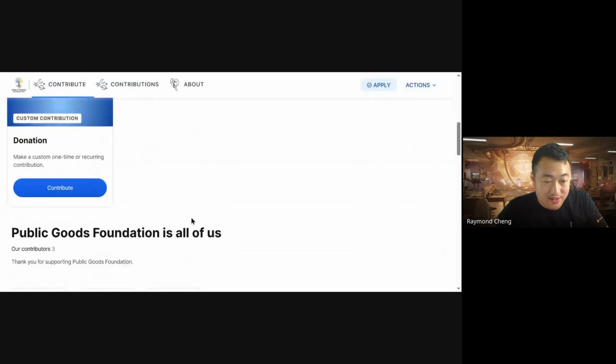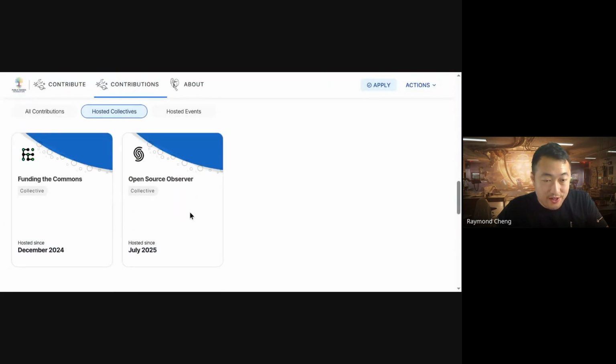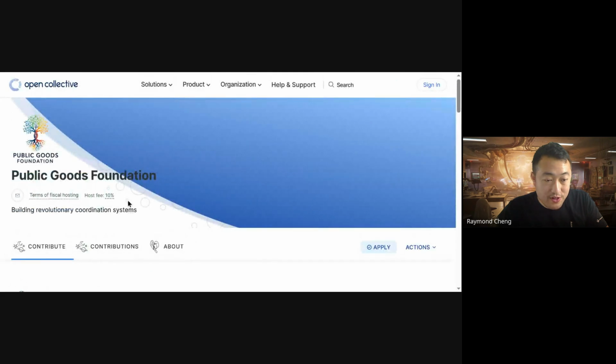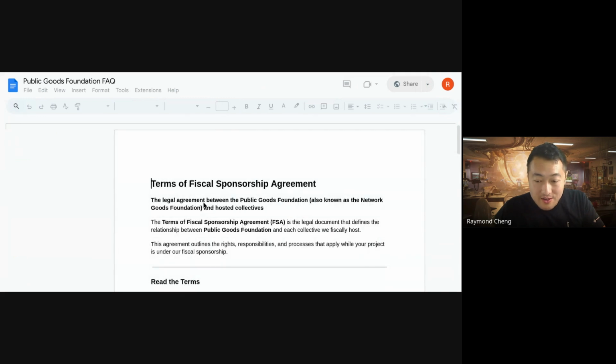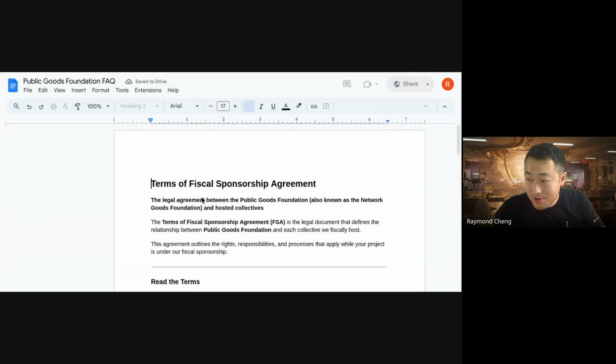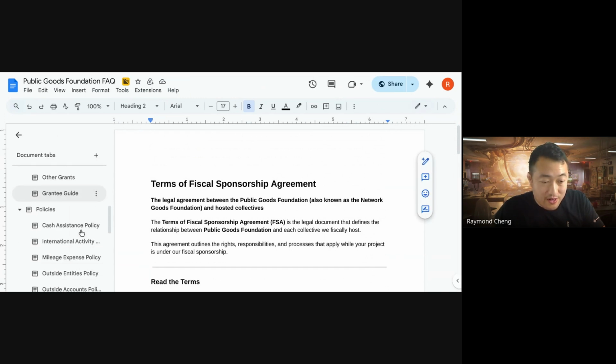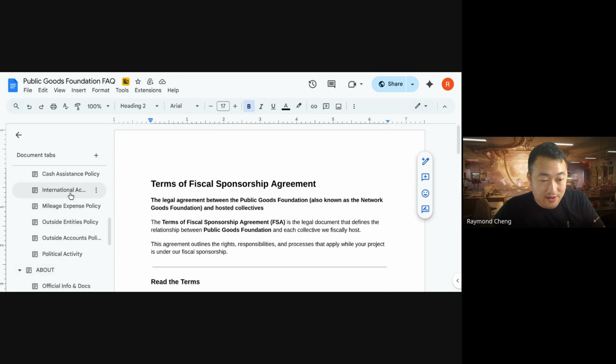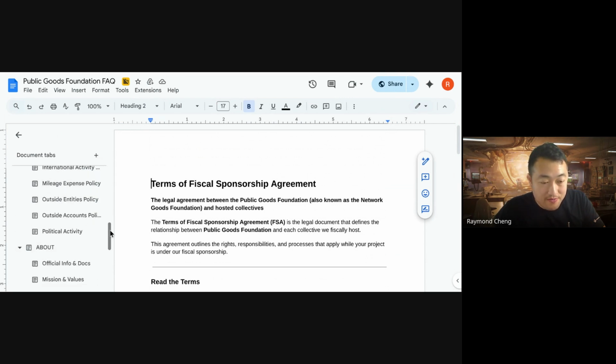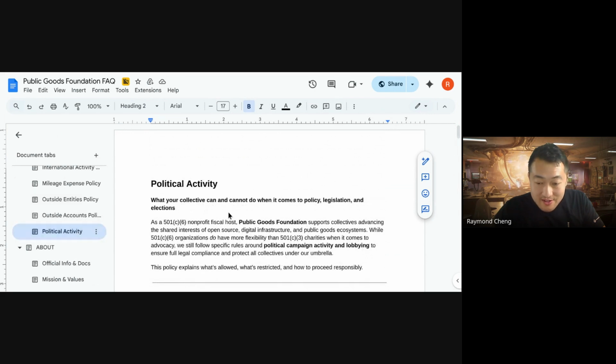You can have your collective fiscally hosted by the foundation, including Open Source Observer. And then there are terms to the hosting here, which took forever, but I'm glad it's done now. It lists all the different policies the nonprofit has to follow to make sure we're compliant, like don't do political activity and other things.